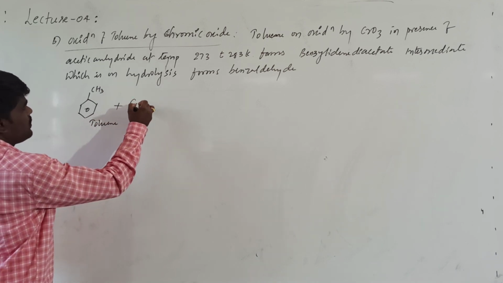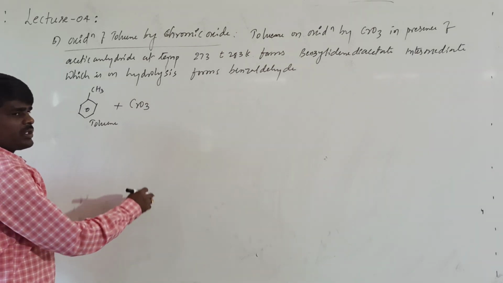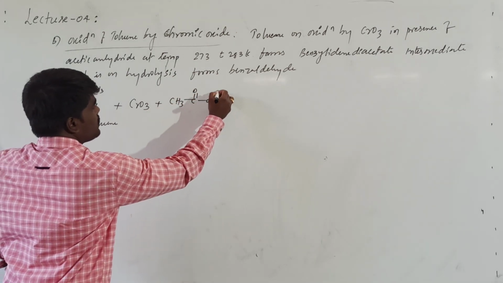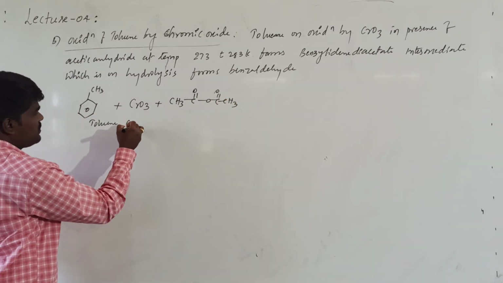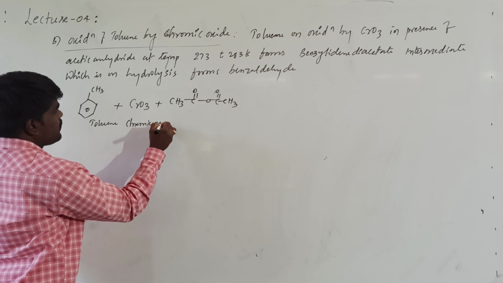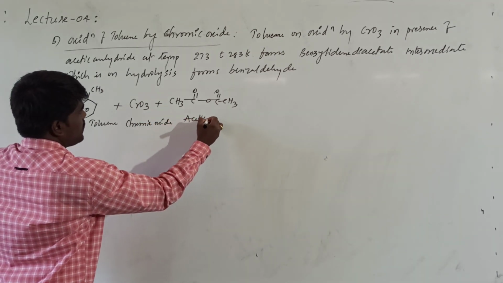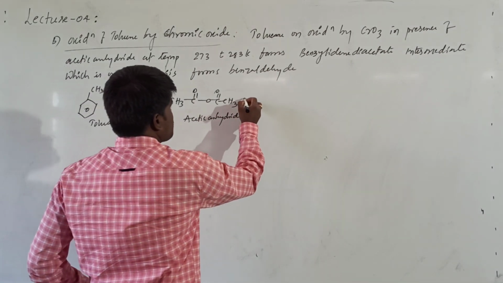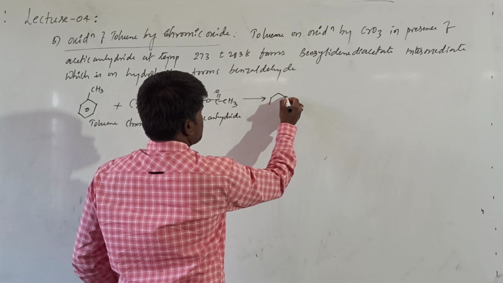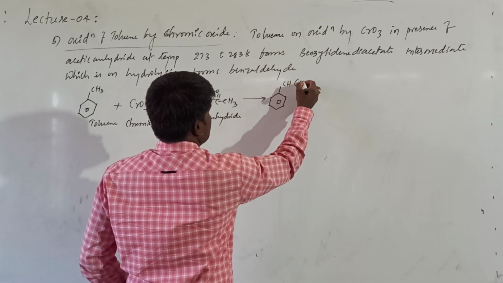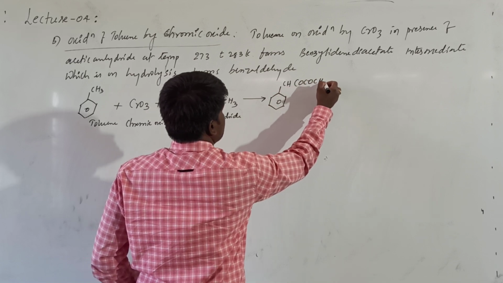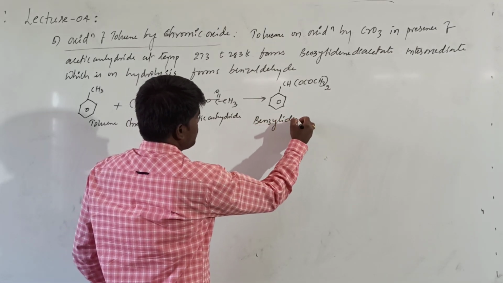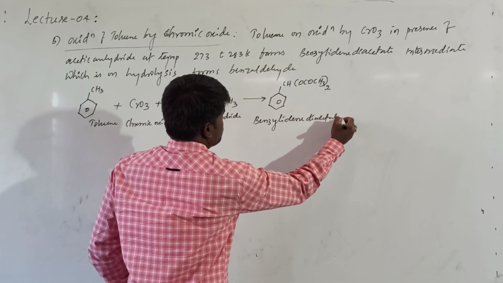When you treat this with chromic oxide in the presence of acetic anhydride, this is chromic oxide, this is acetic anhydride, it forms an intermediate which is called benzylidene diacetate. This is the intermediate.